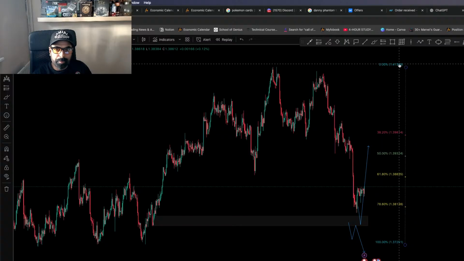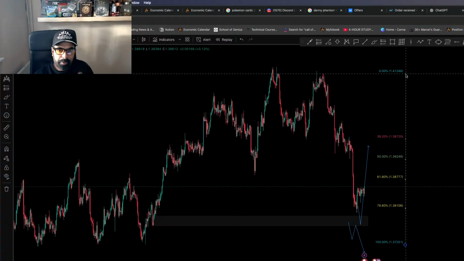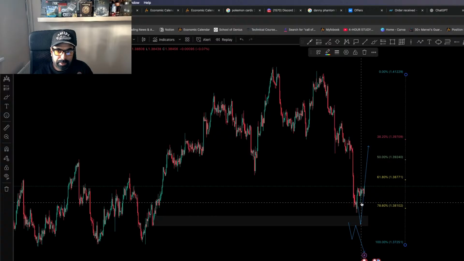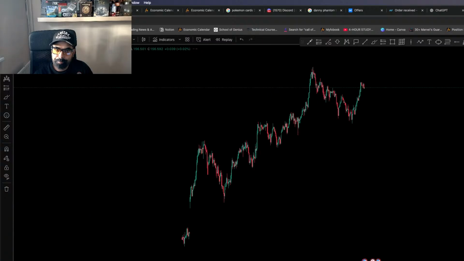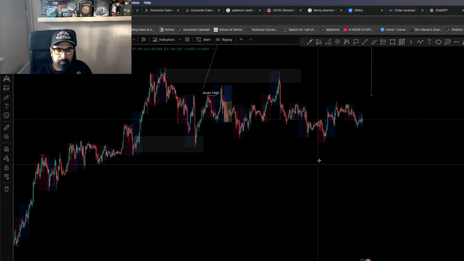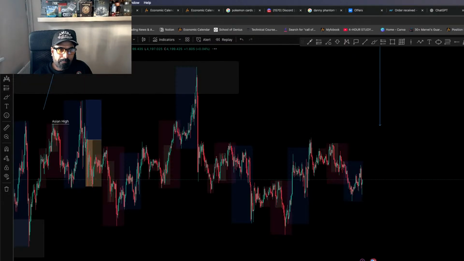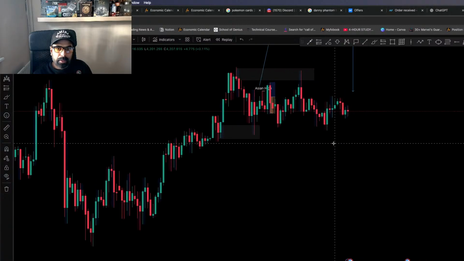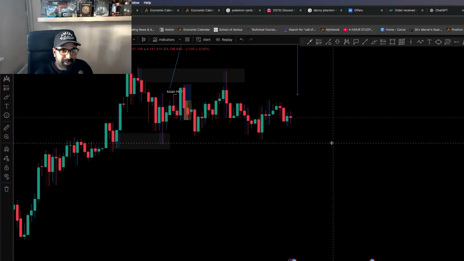Okay, top to bottom. You've got a nice little fair value gap as well. Gold. Let's have a look at gold. Yeah, consolidating at the moment. Gold is.